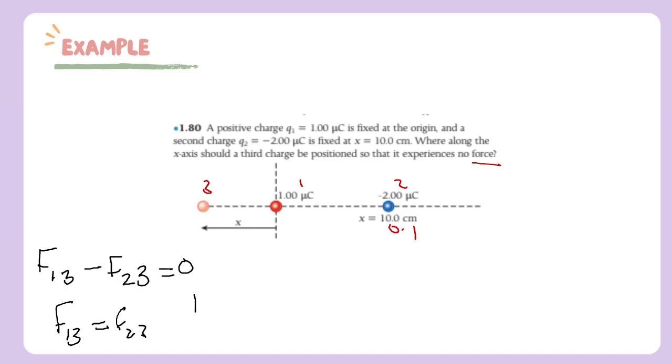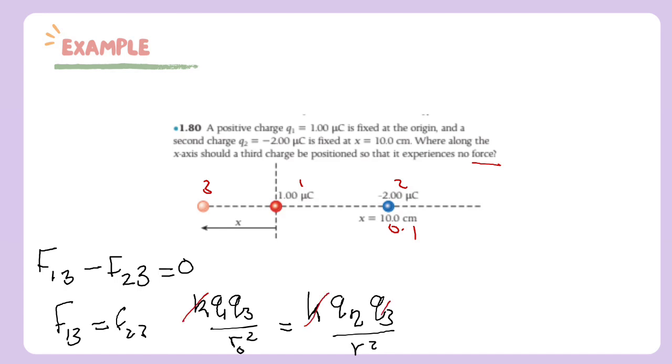And so kQ1 times Q3 divided by R naught squared, just to distinguish between the two R's, equals kQ2 times Q3 divided by R squared. I will cancel k, cancel Q3, and we are left with Q1 divided by R naught squared equals Q2 divided by R squared. This is this.